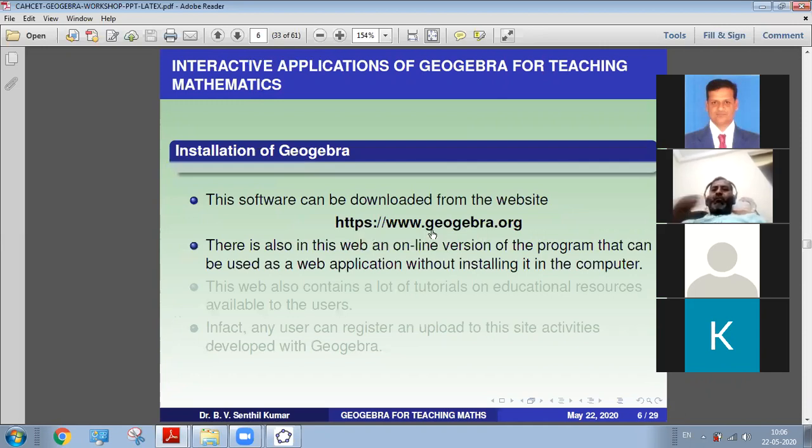You can even download GeoGebra software using your mobile also. In this website, you will find a lot of tutorials available in PDF format. You can make use of the tutorials. You can practice well.